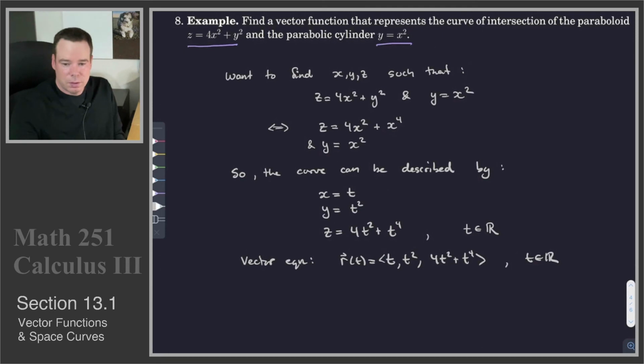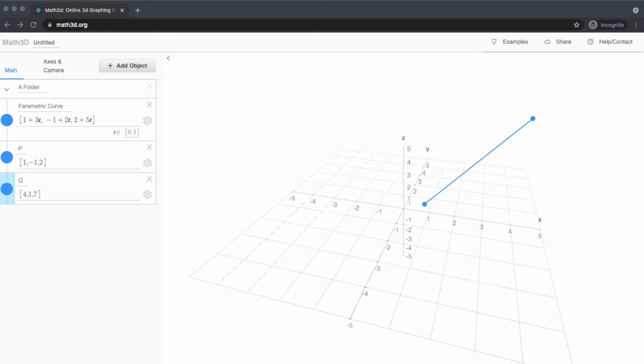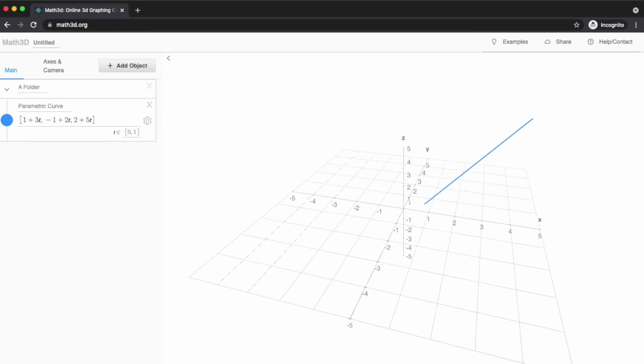And again, let's double check, make sure we got this correct. We can do that by constructing these curves and getting a visual for them. So I'll zero out the previous stuff. Now we'll go ahead and enter our curve in. So x is t, y is t squared, and z is 4t squared.